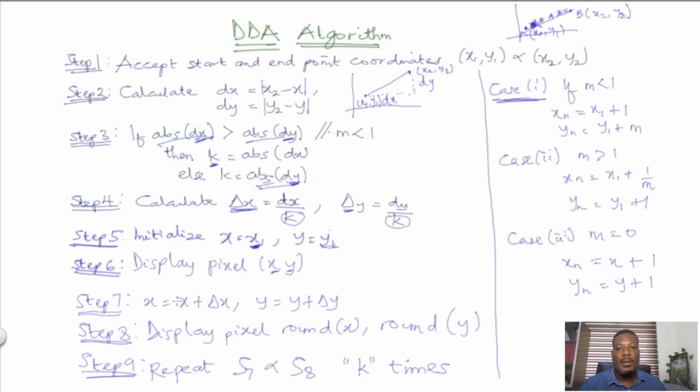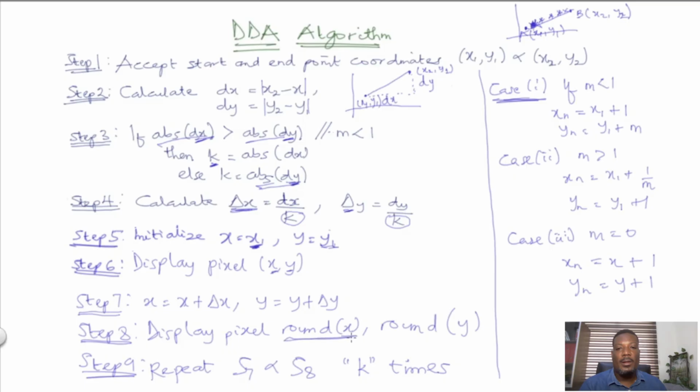So x now will be equal to x plus the change in x, which is displayed here. And the y value will be equal to y plus the change in y. And again, we also will display the pixel round x.